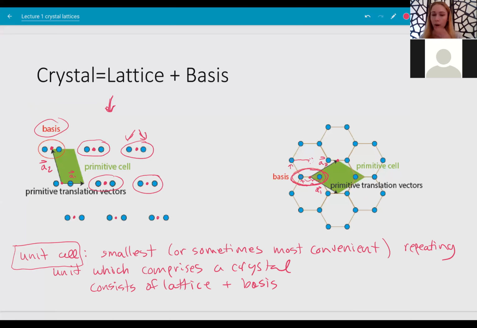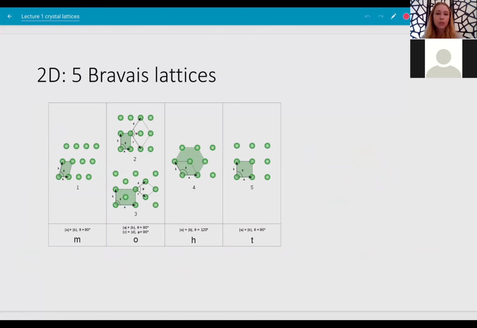Okay, so I'm almost done. This is a fairly straightforward lecture, just a little bit of information. Because of constraints of space, there is a limited choice of the lattices that can exist.